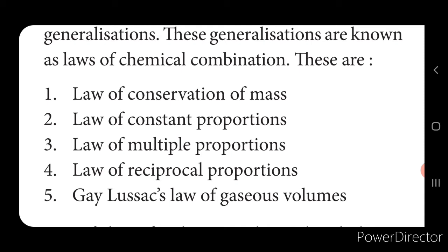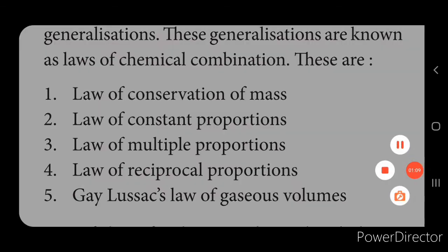Now out of these 5 laws of chemical combinations, you would have studied the first two, that is law of conservation of mass and law of constant proportion, in 8th standard. Today in 9th standard you will be learning about law of multiple proportion, law of reciprocal proportion, and Gay-Lussac's law of gaseous volume.